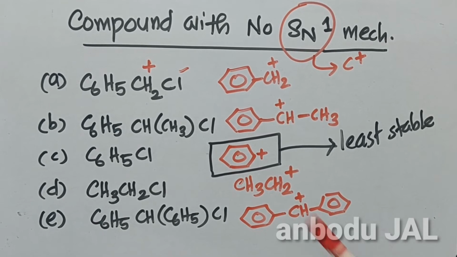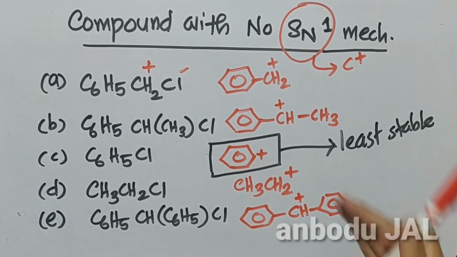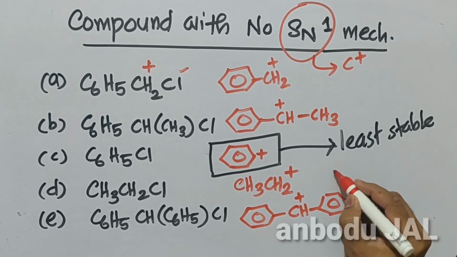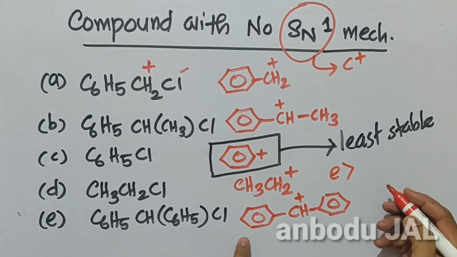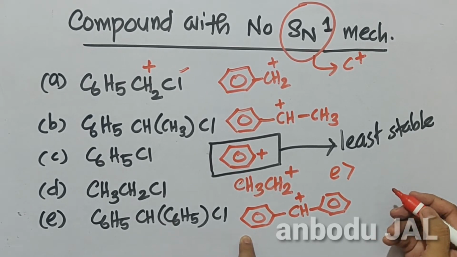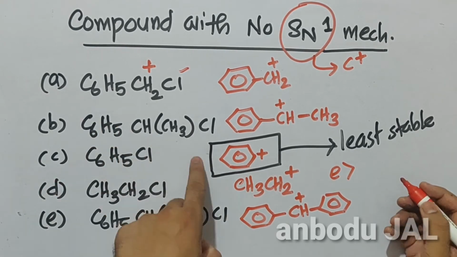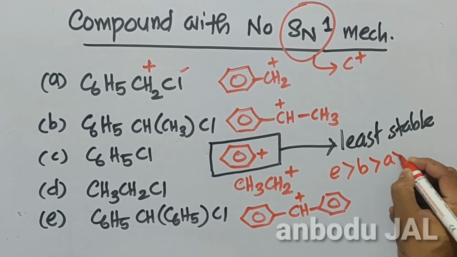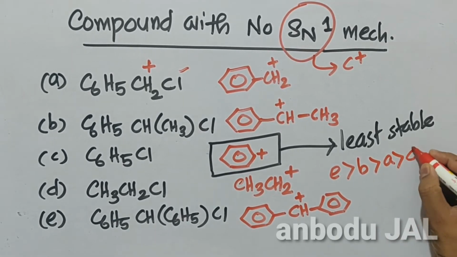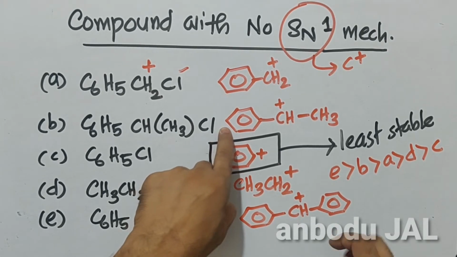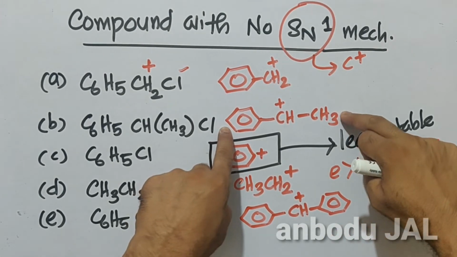If we arrange these carbocations in decreasing order of stability, then we can write: E is more stable than B, which is more stable than A, which is more stable than D, which is more stable than C. Here, maximum resonance; here, one resonance part and next a hyperconjugation part.